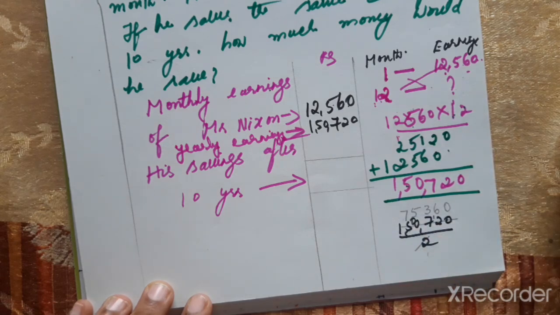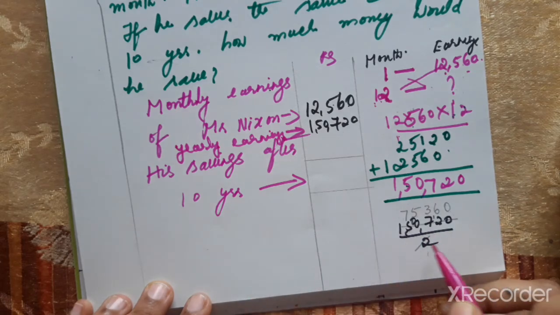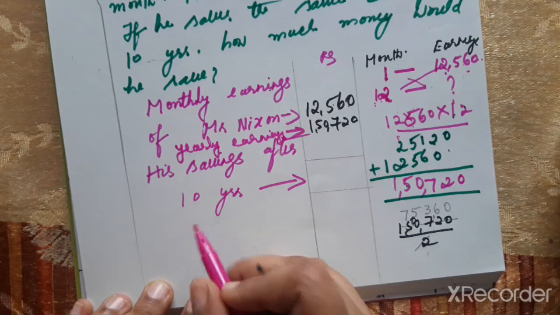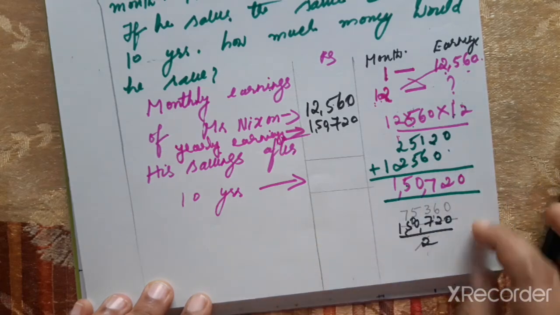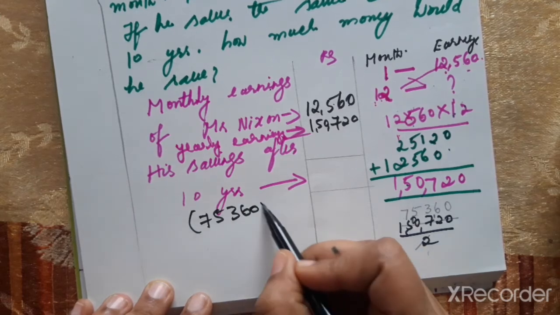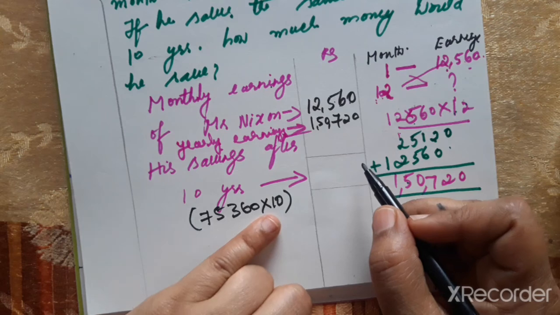Now we have to find his saving after 10 years. 1 year he saved 75,360 rupees. Therefore saving after 10 years means 75,360 into 10 years. So we can multiply and check, children.